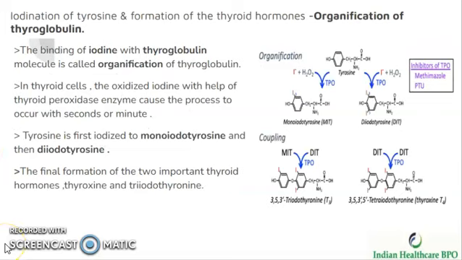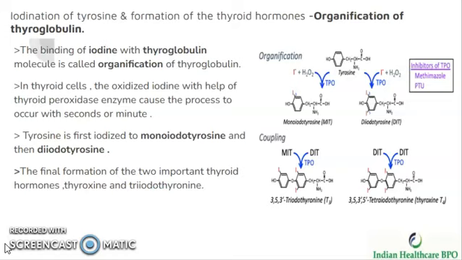Iodination of tyrosine and formation of thyroid hormones is called organification of thyroglobulin. The binding of iodine with the thyroglobulin molecule is called organification of thyroglobulin. In thyroid cells, the oxidized iodine with the help of the thyroid peroxidase enzyme causes the process to occur within a second or a minute.